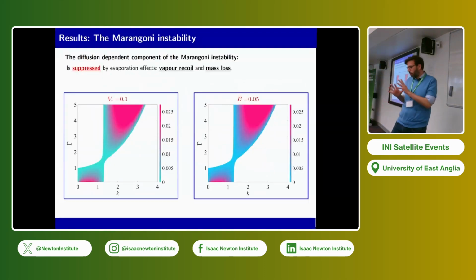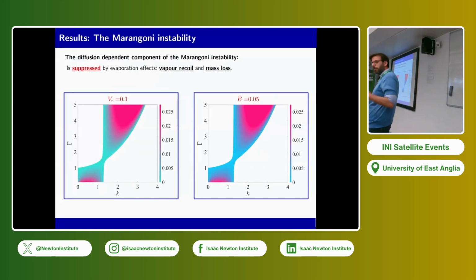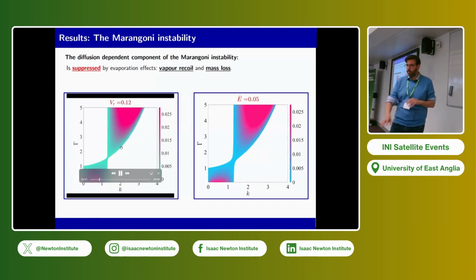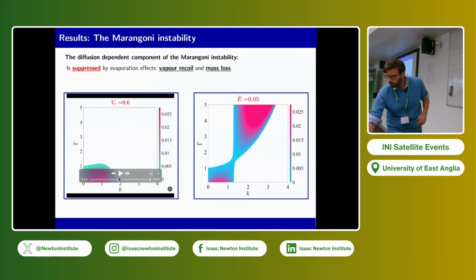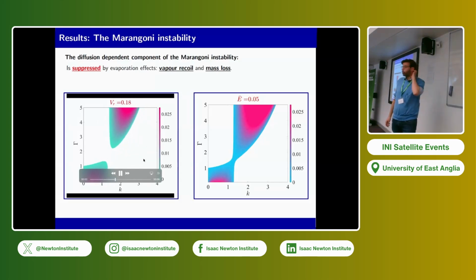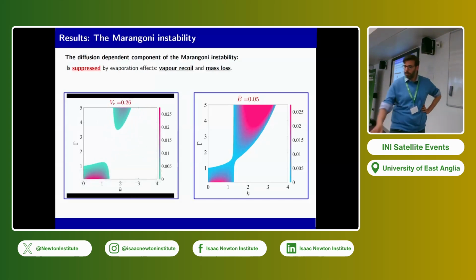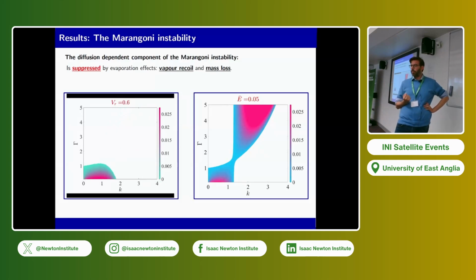Now, we chose these parameters in the previous figure for the vapor recoil and the E-bar, but they are quite moderate, small anyway. What happens when we increase them? Here I represent the growth rate in gamma and k. We see that for large gamma, the vapor recoil in this case is killing the instability in the diffusion limited regime, and is amplifying the instability in the transfer rate limited regime.